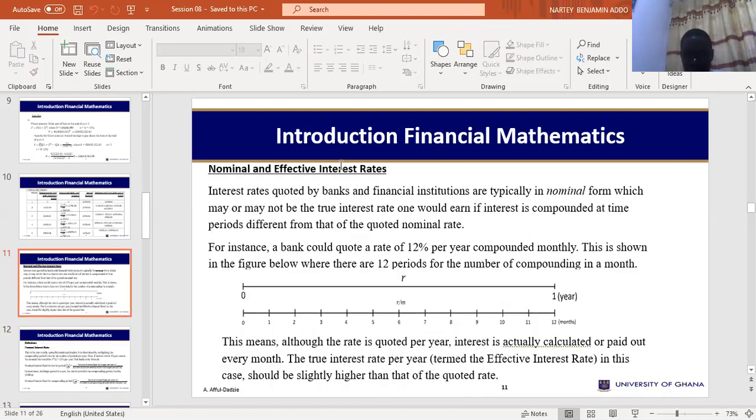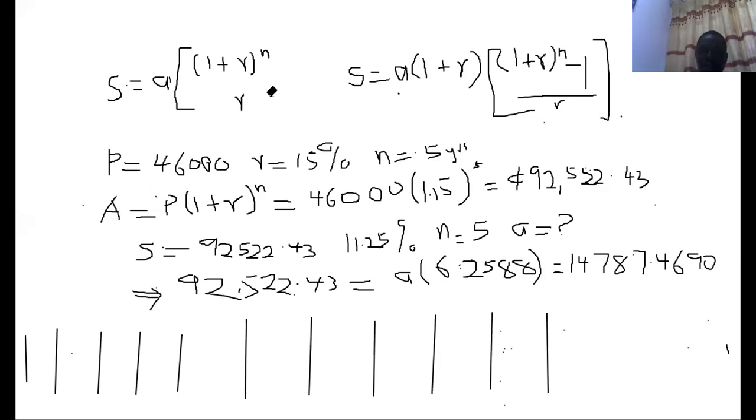So let's also go back to our slide. We now want to talk about where we have multiple compounding. We know that we normally calculate interest on a yearly basis.